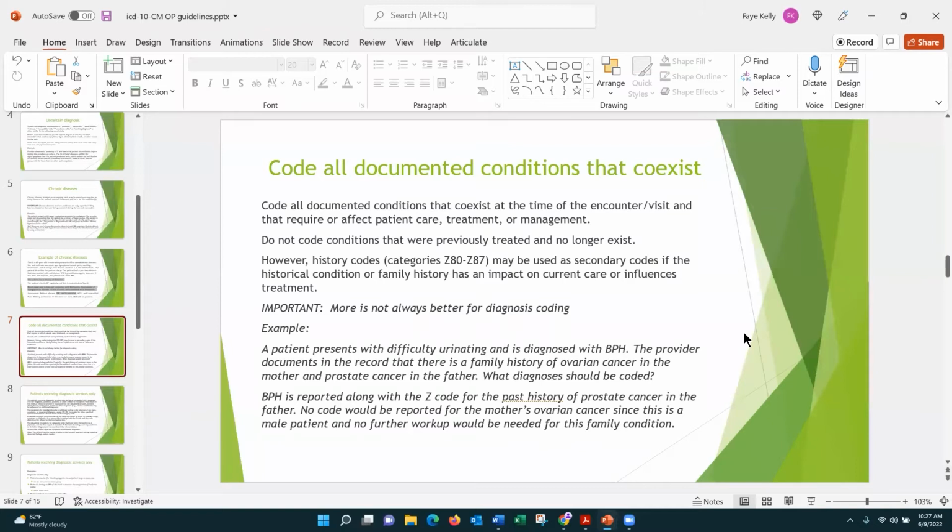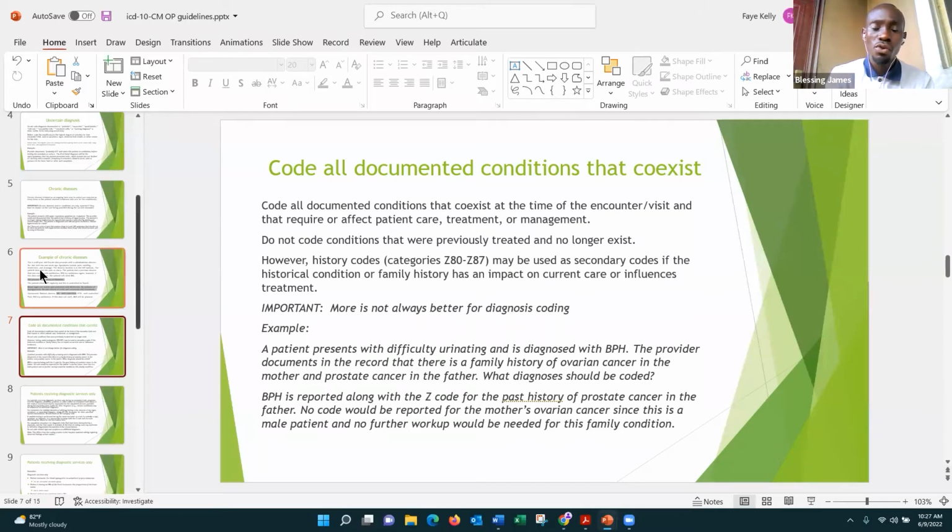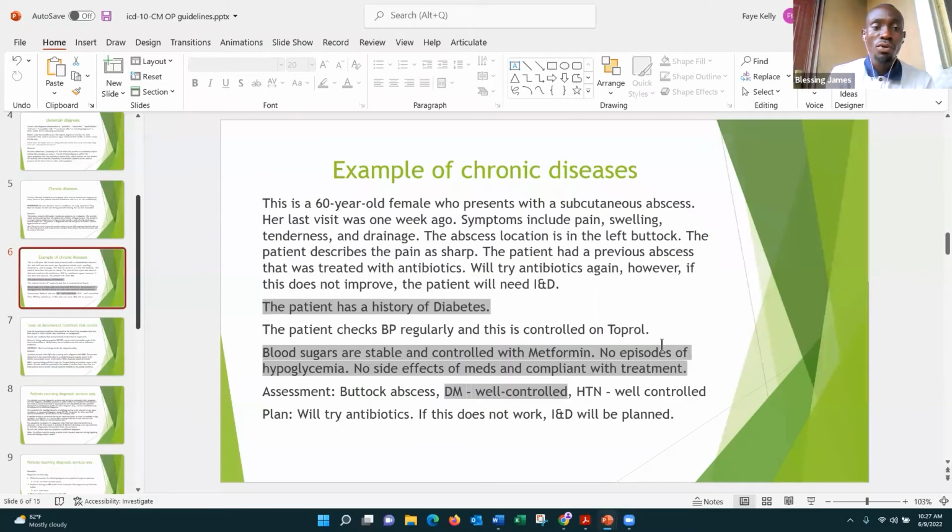Blessing, do you have a question? Yes. Sorry for taking us back. For that particular example, do we have to put the hypertension there? The one we just left? In this example, yes. You're going to give it points in your E&M for a chronic condition, because the patient is on Toprol.